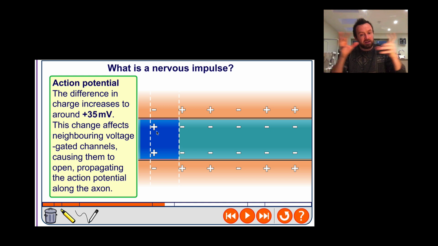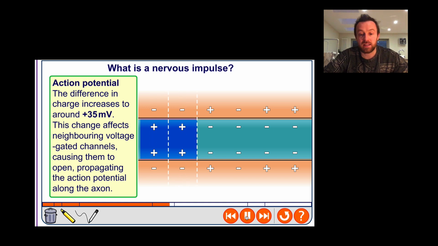Because they're ions and they're free to diffuse. So as they move in, they turn that bit positive, but they might spread a little bit down the axon, turning the next bit of the axon positive as well, enough for its sodium channels to open. So it's the diffusion of ions in that little local area that causes the next set of voltage-gated sodium channels down the axon to open. So it spreads like a wave, propagating down the axon like this.